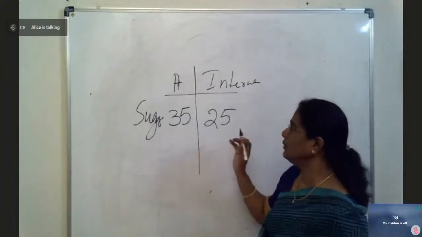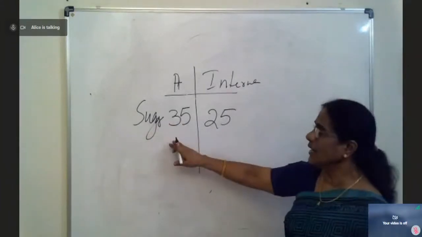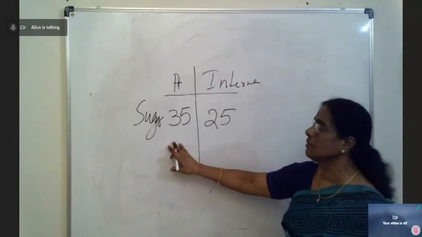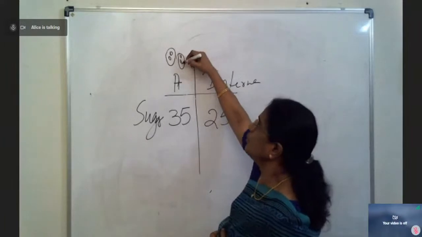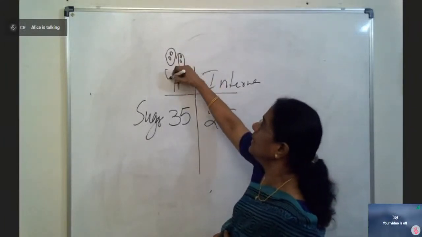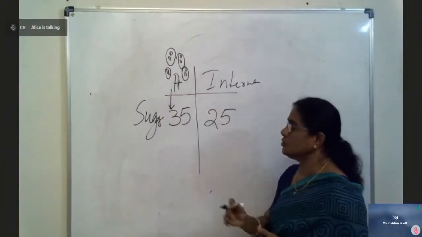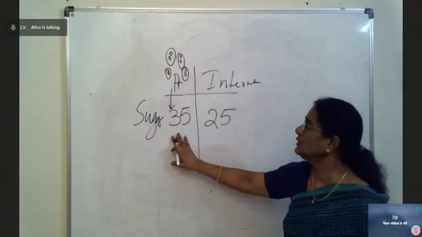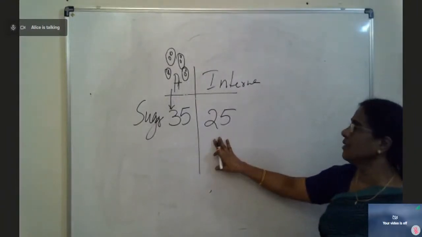So what is dumping? Selling at a higher price in the domestic market because A's people cannot go to another country and buy sugar, isn't it? They have to buy sugar here, okay?